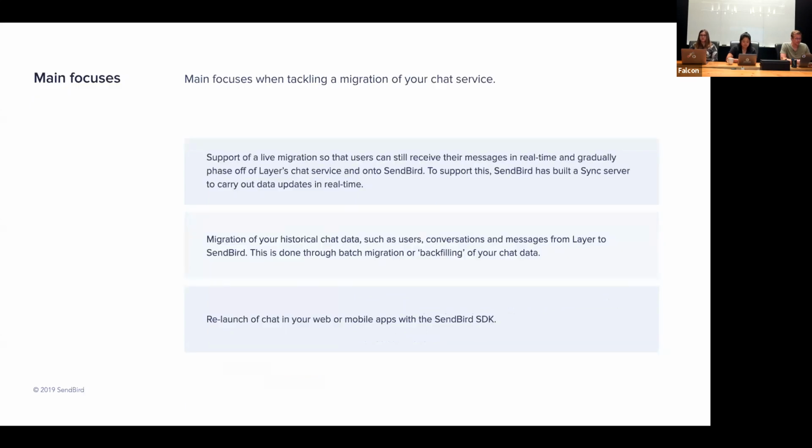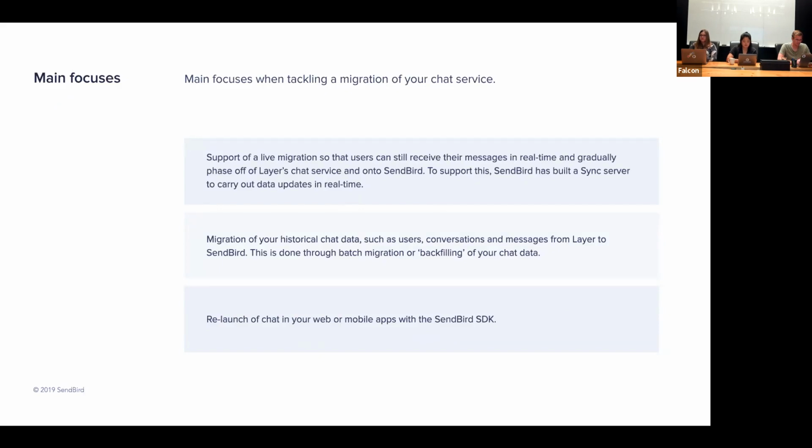Yeah, thanks for joining us again for the migration talk. We have 3 main focuses when migrating between chat services. The first is to support a live migration. The second is to migrate your historical chat data. And the third is to relaunch your chat in your web or mobile application, actually powered by SendBird. So what do I mean by the live migration?